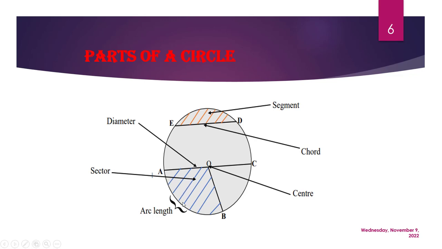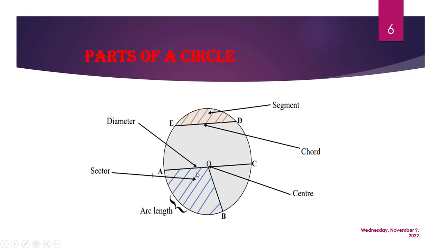And we have arc length. The distance along the circumference from point A to point B is termed the arc length. Also, the line drawn from point A to point C is termed a diameter. Then the lines drawn from the center O to points C, B, and A are all radii.